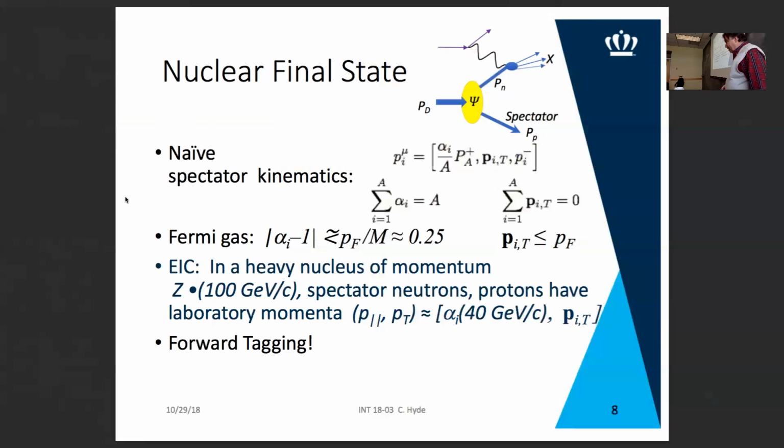The problem in a fixed target experiment is getting the low momentum protons out. Alpha equals 1 would be a zero momentum proton, the perfect place to look for the simple one-body dynamics of the nucleus. Those protons never make it out of a fixed target. The best we can do is 70 MeV/c with a specialized low luminosity setup.